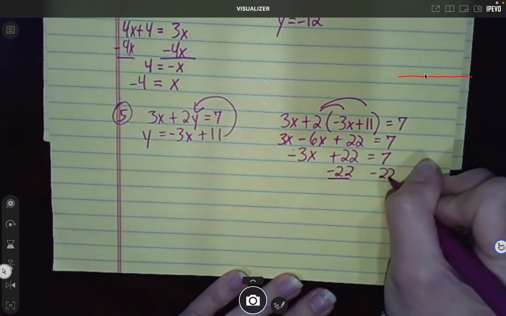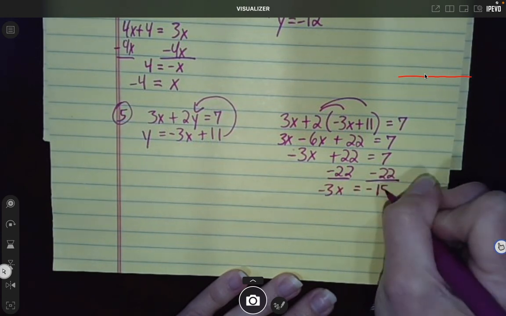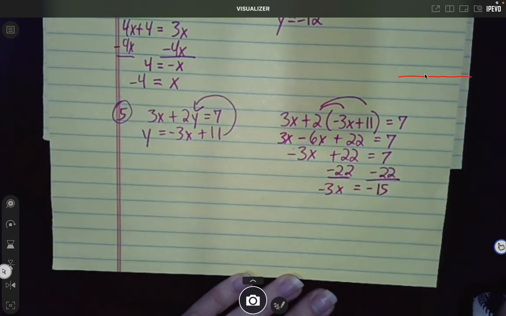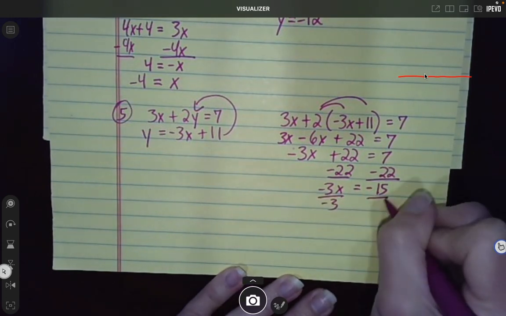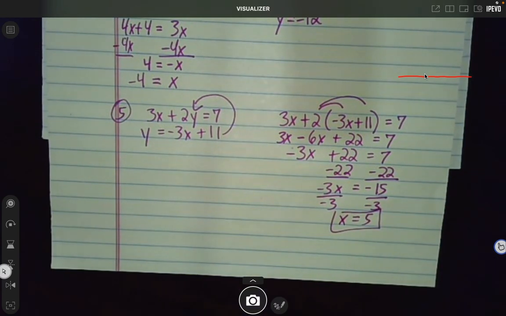I'm just solving for my x. So negative 3x equals negative 15. Then what? Divide by negative 3. And I get x equals 5. There's half my answer, and it has answer choices. So can you tell your answer already? Yes, but let's go ahead and plug it in.